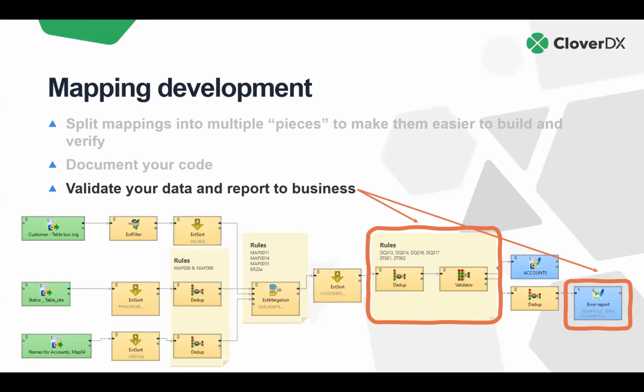And as I mentioned, validation is the important part, and we are doing that over here on the output. So once we compute whatever we need, we deduplicate that because that's one of the business rules. Then we have the validation of the data, and we produce a report. And this is something that's sent to the business every time this process runs.